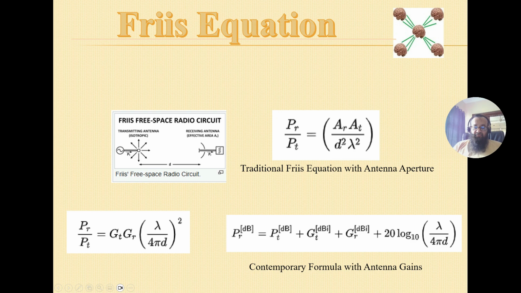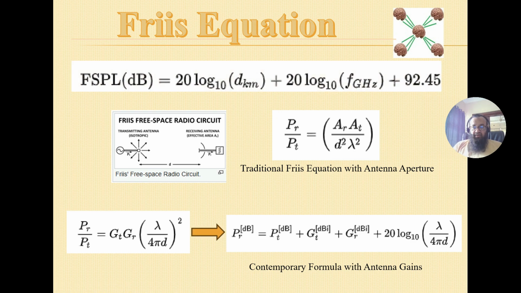If you remember here, the free space loss is a positive number, but this value is the inverse of free space loss. So this value will become negative, and whatever the free space loss is will be deducted from these three things: power transmit plus one gain plus second gain minus free space loss. It will give you the power received.